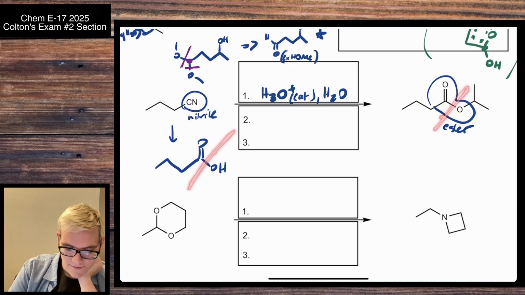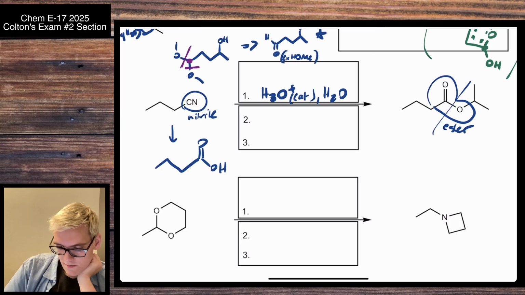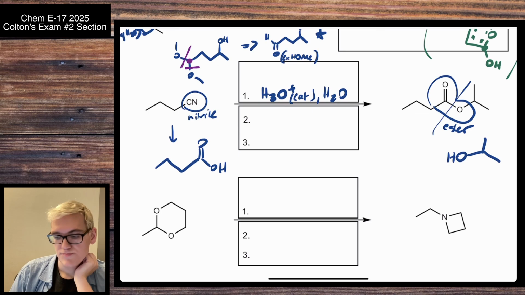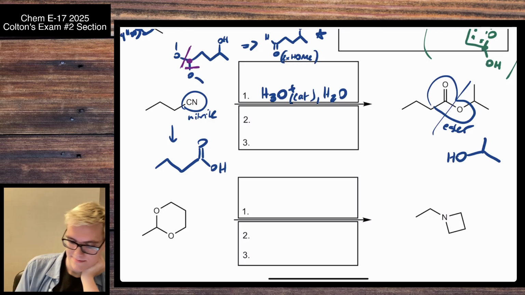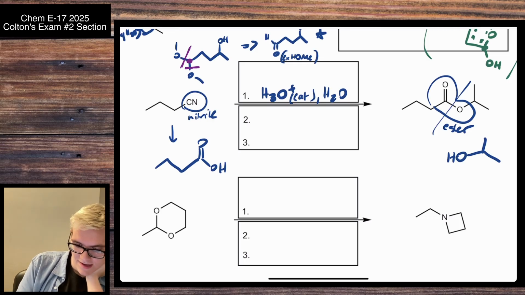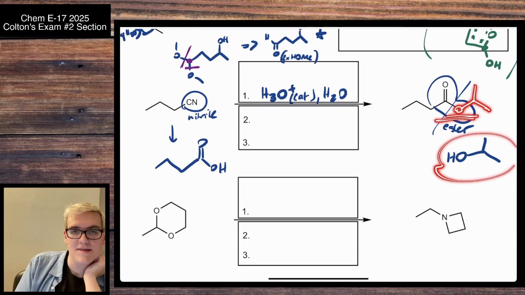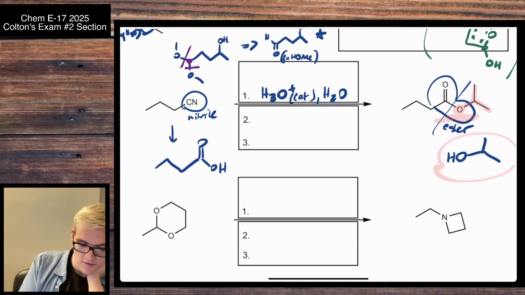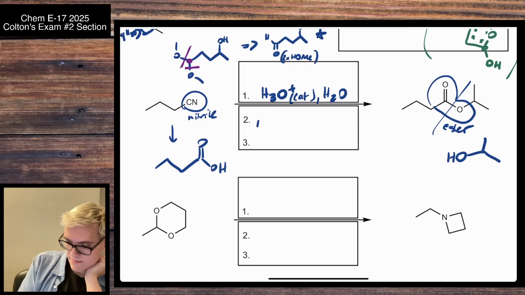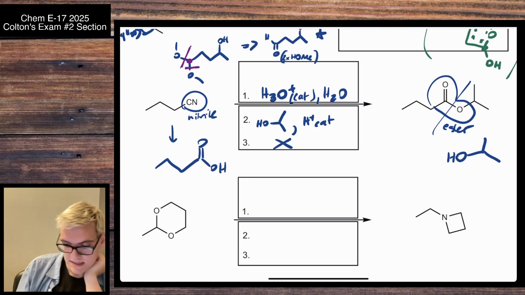So if we cut off this side group over here, we see, if we add an H on it, that the alcohol should be 2-propanol here. So this is the alcohol that's going to have the right connectivity of all the carbons and oxygens to add on and form this specific ester product. So all we are going to add for step 2 is our alcohol and an H+ catalyst. And we don't need a step 3. We're done.